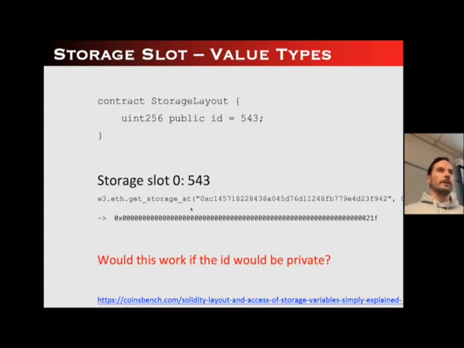And so if you start looking at storage slots using the Web3 library, so w3.eth.getStorageAt, and you pass in the contract address and then the storage slot, you essentially get that value back in hex. 21F is 543. Would that work if the variable is private? Yes, exactly.